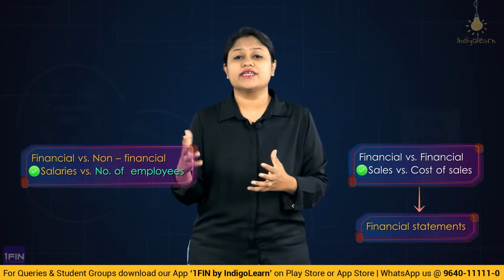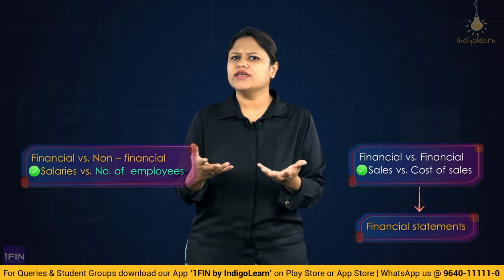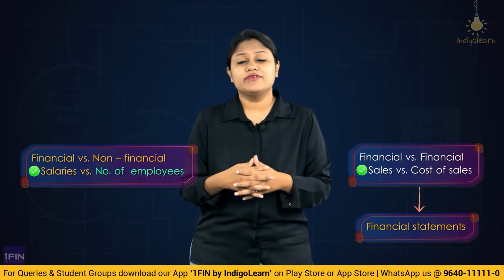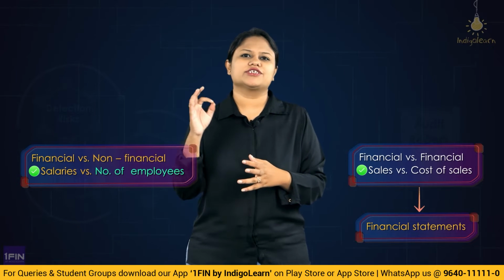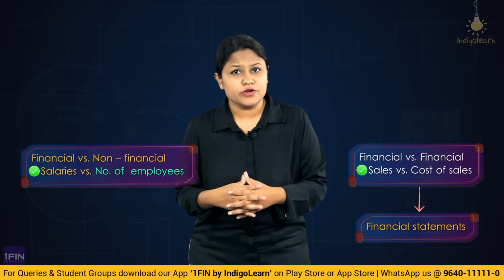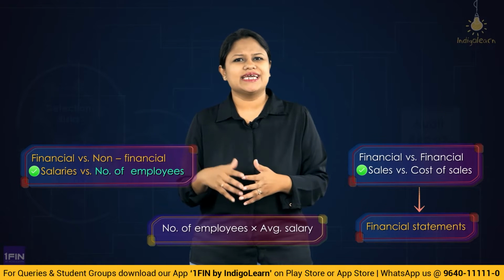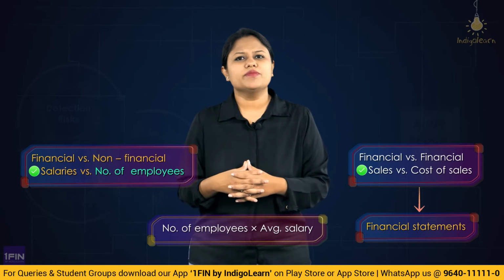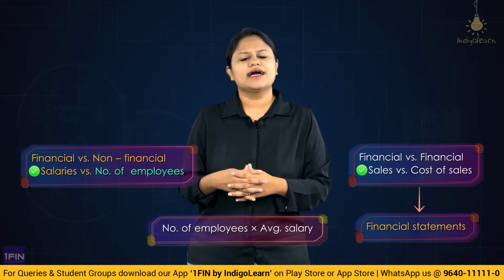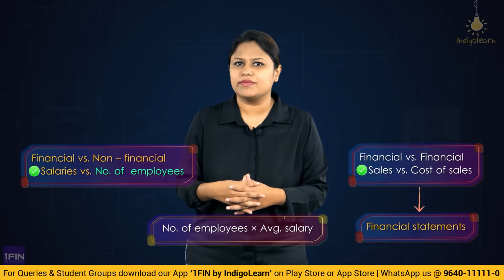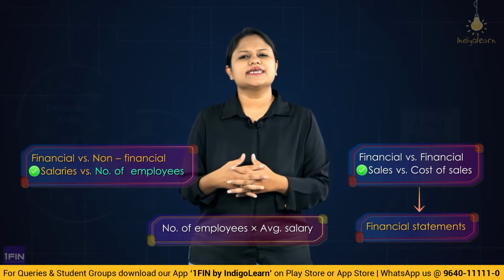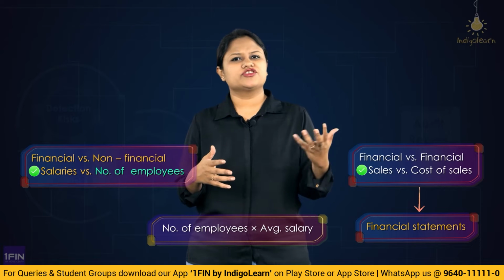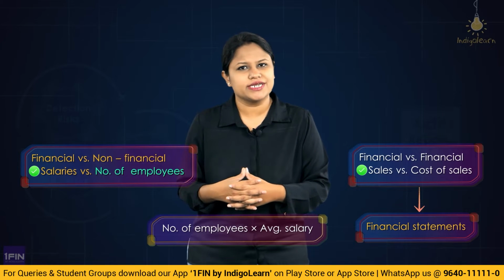The number of employees is never given in the financial statement, so obviously that is not financial information. We categorize it as non-financial information. So the number of employees, when you multiply it with the average salary payable to them, the answer that you get would also be a relationship that you have created, and this you compare with the data that is available with you. Alright, so this is the comparison that is possible, financial or financial and non-financial data.